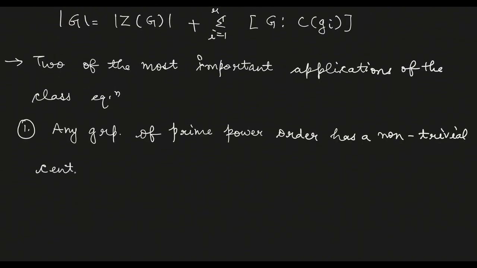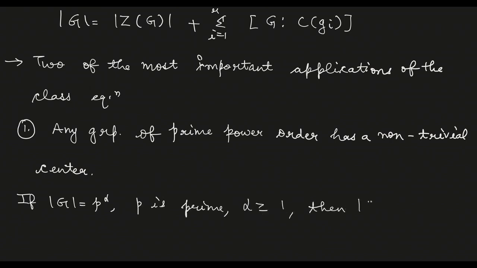Means if any group has prime power order, then its center is non-trivial. Z(G) is not equal to identity. If the order of G is equal to p to the power alpha, p is prime, alpha is greater than or equal to 1, then the order of the center of G is greater than 1.